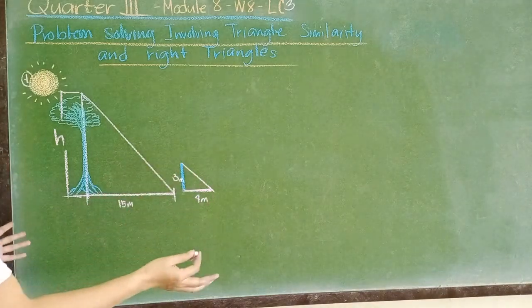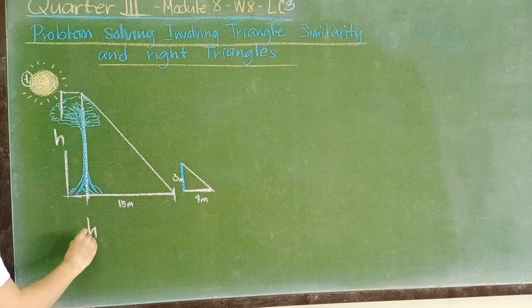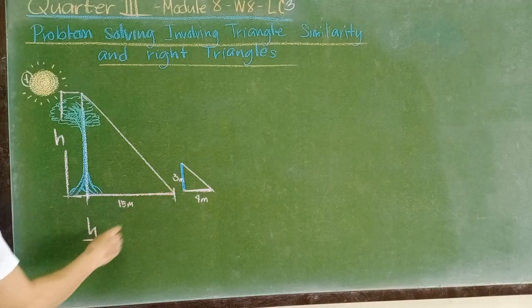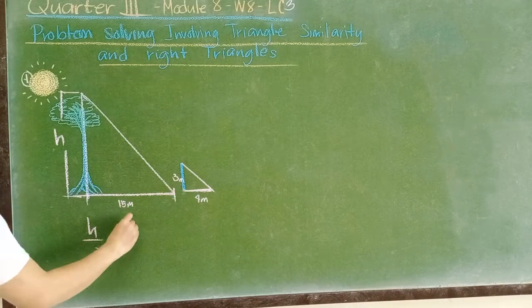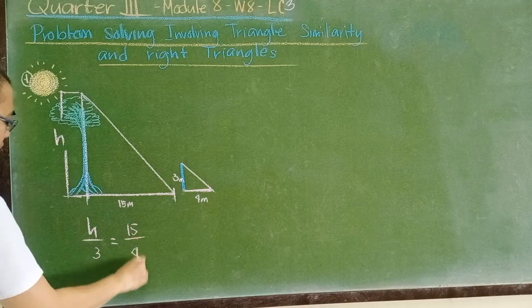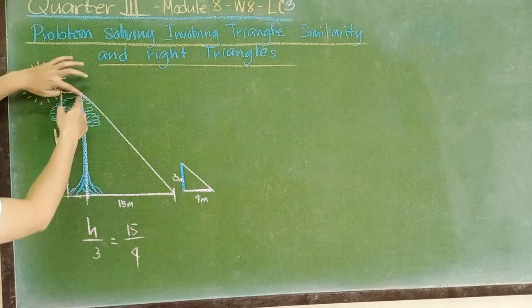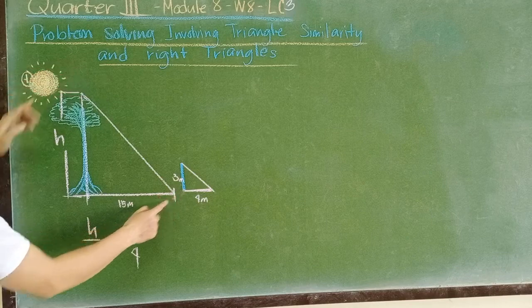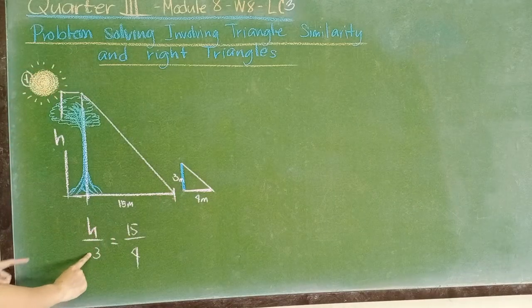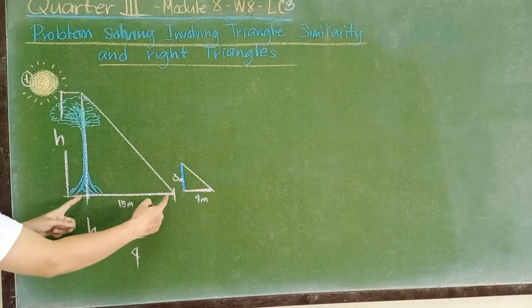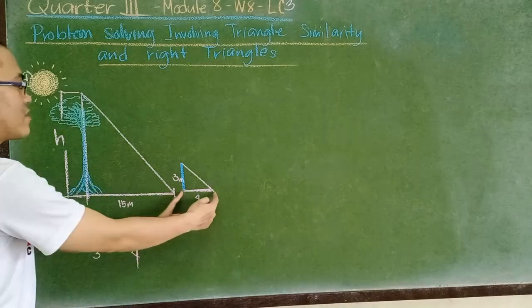So if we create a proportion, h is to 3 meters, and 15 is to 4 meters. The height of the tree pairs with the height of the pole, and the length of the tree's shadow pairs with the length of the pole's shadow.